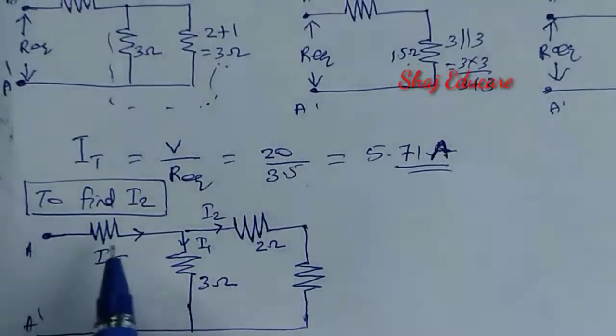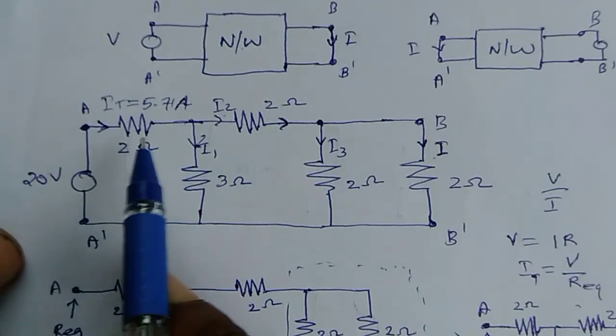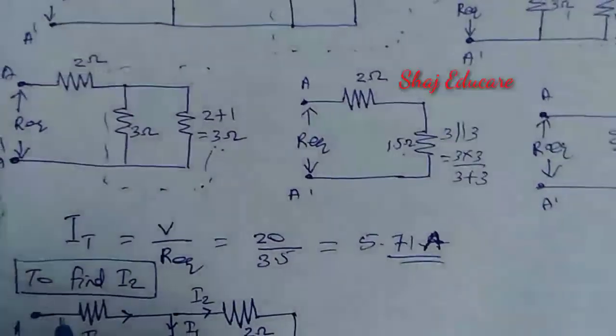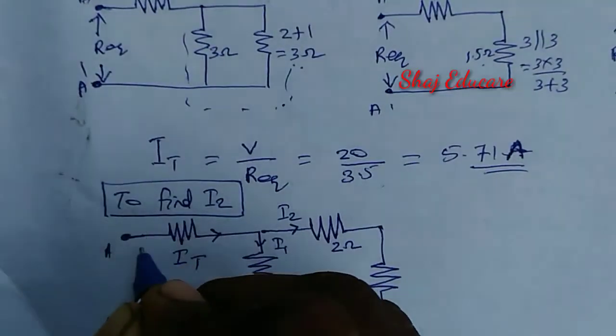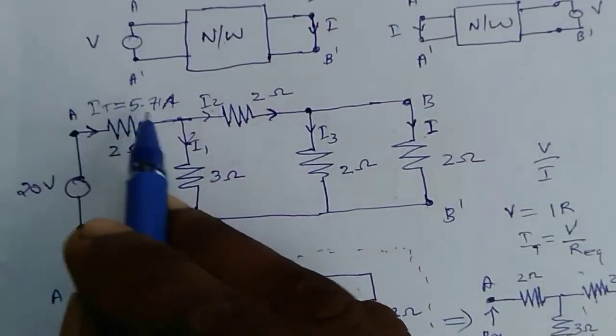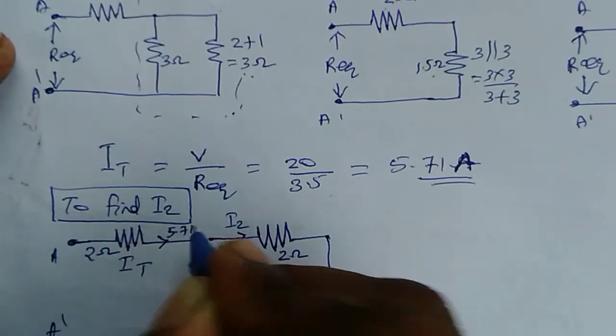Here we have to find I2. Here we have A dash, then the total current IT flowing through the 2 ohm resistance. The magnitude of IT we obtained is 5.71.